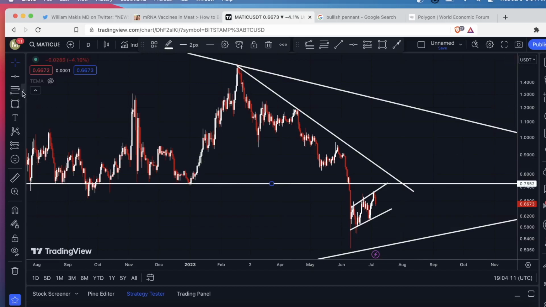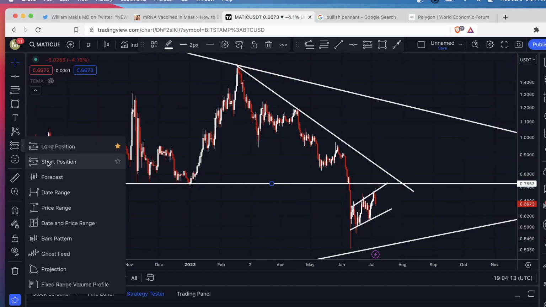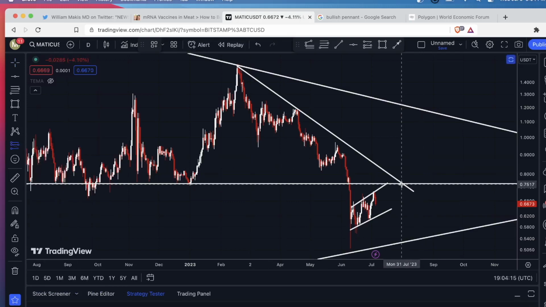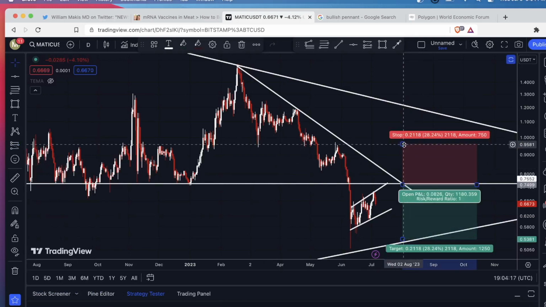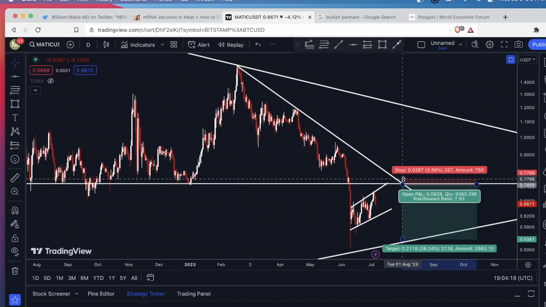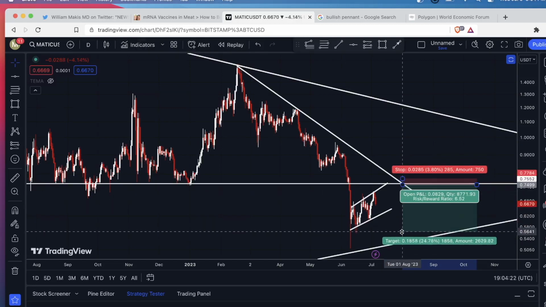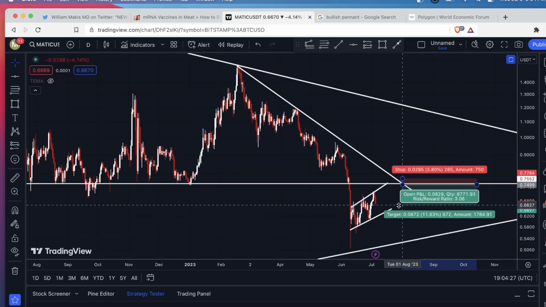If I enter right here, I just put my stop right here. So it's a very quick invalidation point, and then I can target the bottom of this lower trend line. My first target would probably be about 66 cents.